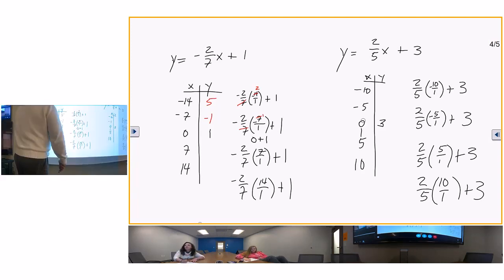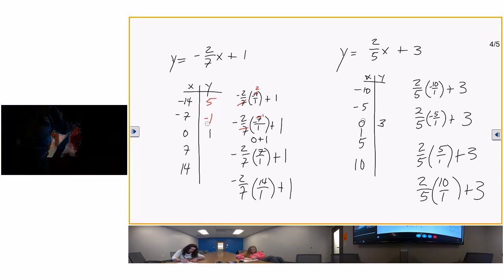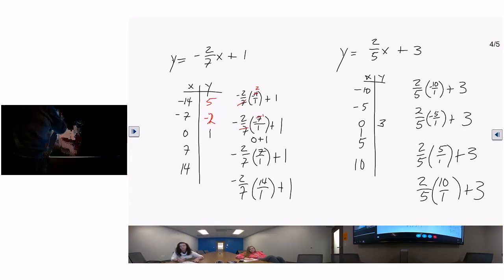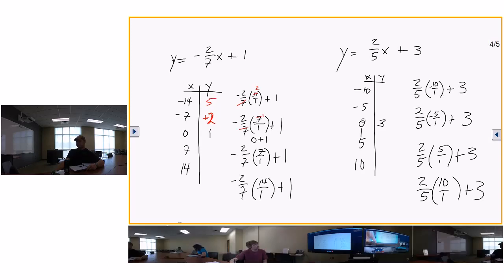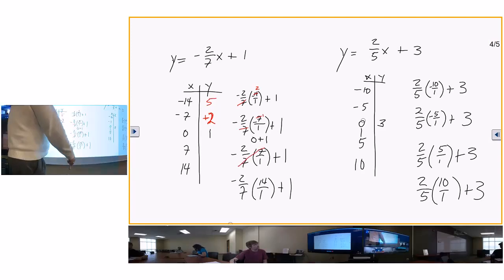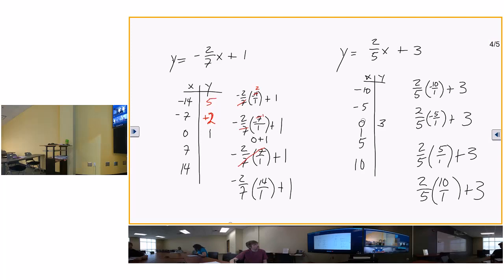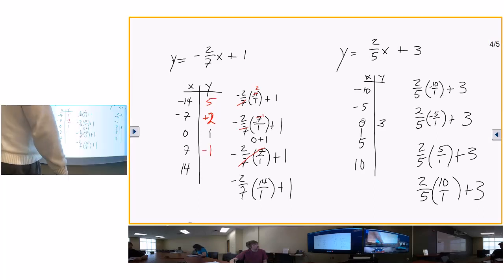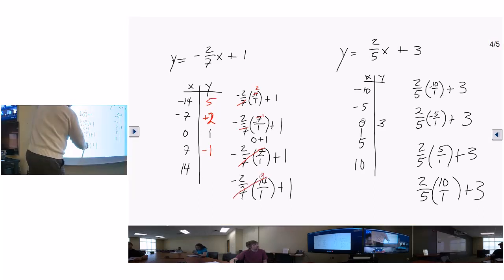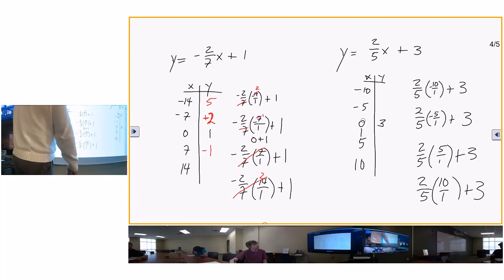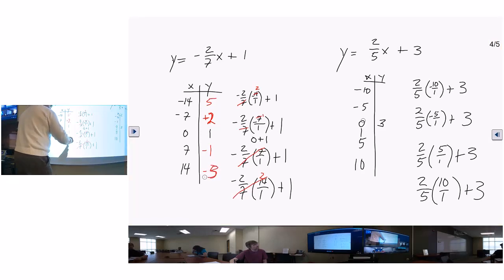Negative 14, that should be 2. Oh, this is positive 1. 1 plus 1 is what? 2. There we go. My bad, that was my fault. And the 7's cancel. What's negative 2 plus 1? Negative 1. And then 14 divided by 7 is 2. What's negative 4 plus 1? 3.